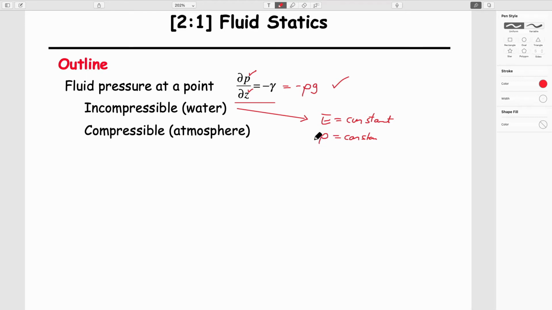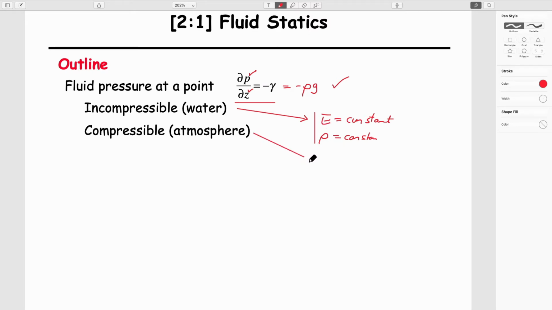And if that is constant, the density doesn't change. So that's something we define as an incompressible fluid, or sometimes referred to as a slightly compressible fluid, because E is not zero, but it's constant.